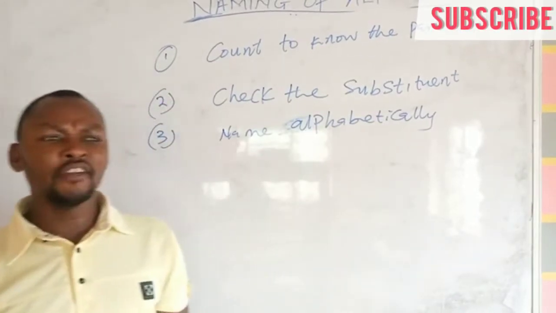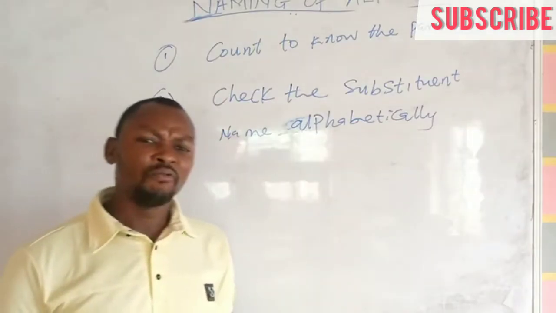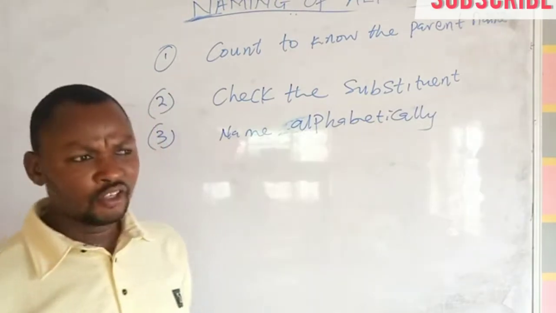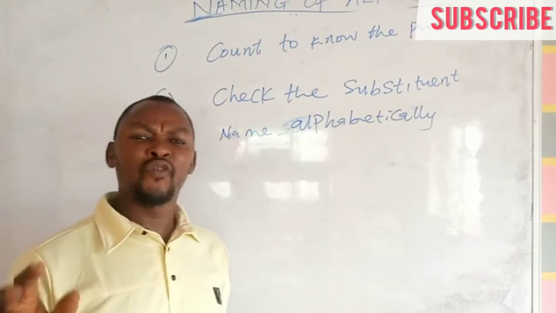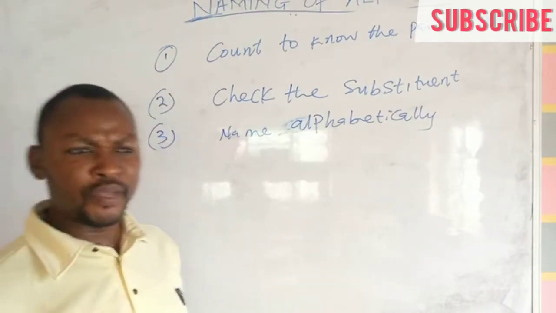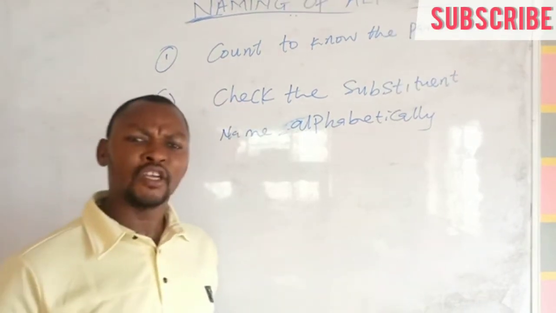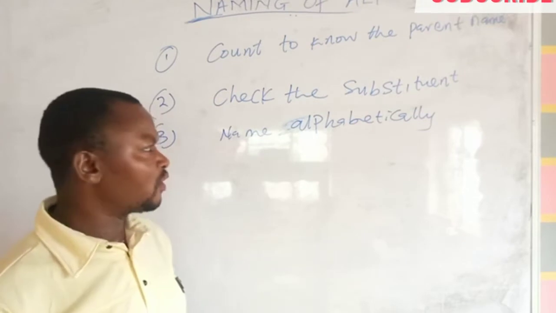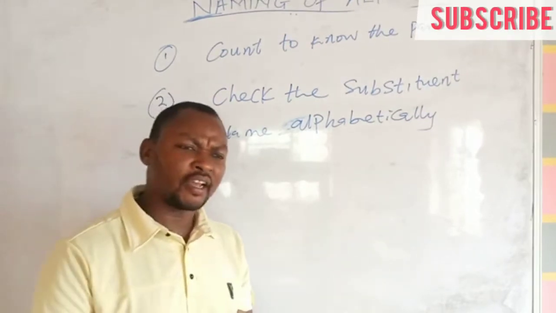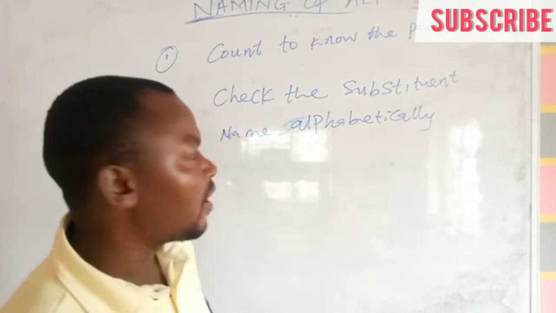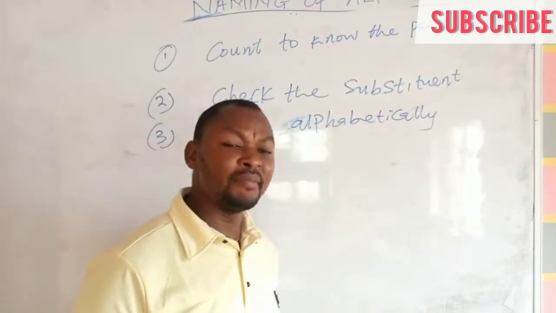If one hydrogen is removed from ethane, we get ethyl. If removed from propane, we get propyl. If removed from butane, we get butyl. So it's all these substituents you check and name them alphabetically.